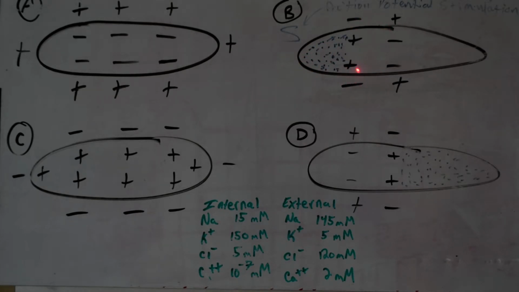As the cell depolarizes, it becomes more positive, mainly because of two things. Mainly because there's an efflux of potassium, which means the potassium is going out of the cell, and there's an influx of sodium, Na, into the cell. So those are the two big ones that you're having a big transfer of.